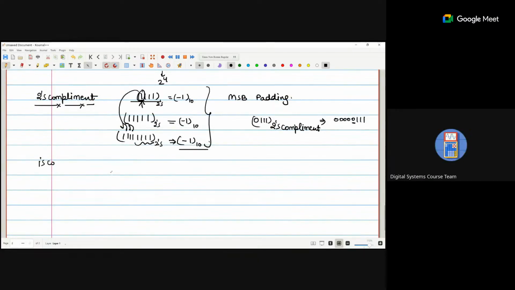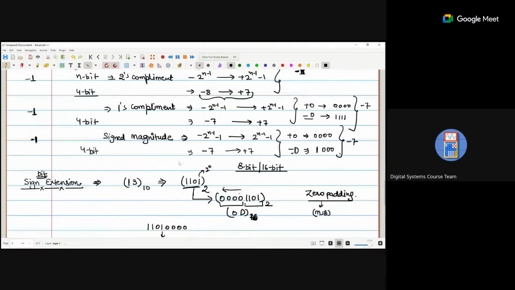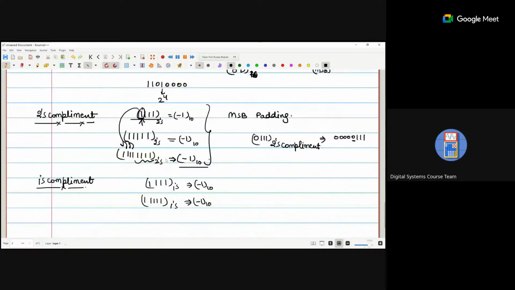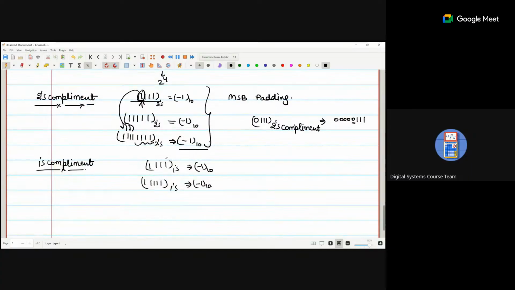Now 1's complement. In 1's complement, we already saw that 1, 1, 1, 1 is always -1 in base 10. If we use 5 bits in 1's complement, that is also -1 in base 10. So again, 1's complement is also called MSB padding.